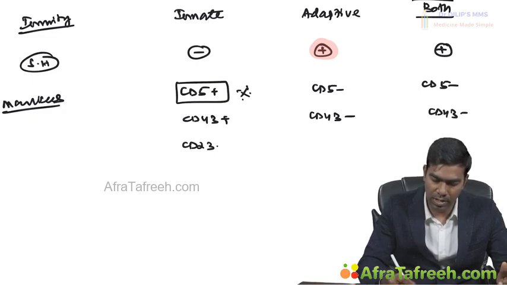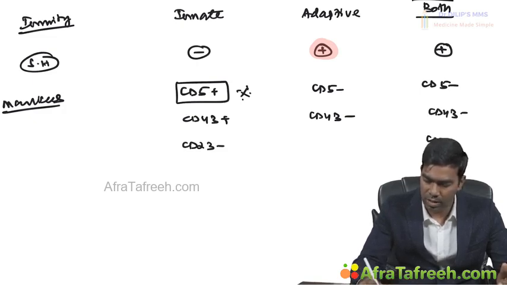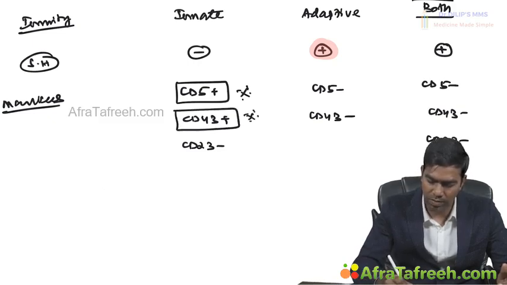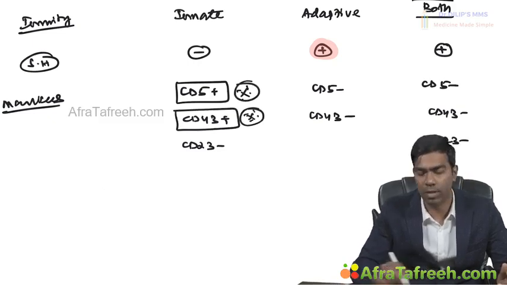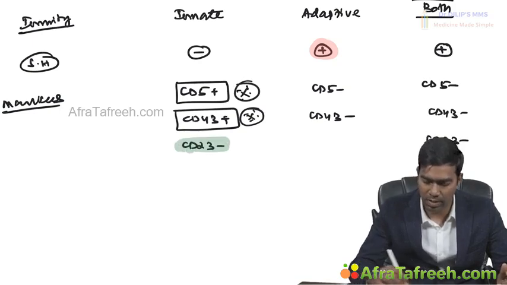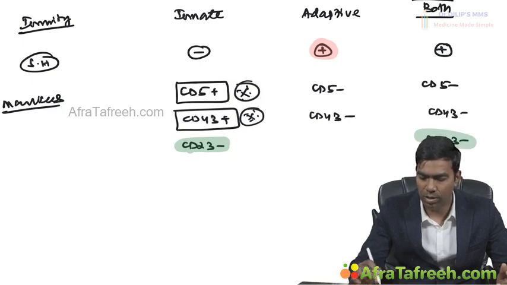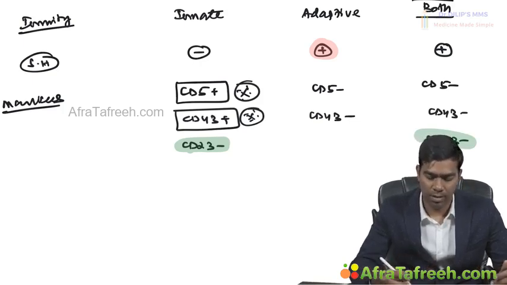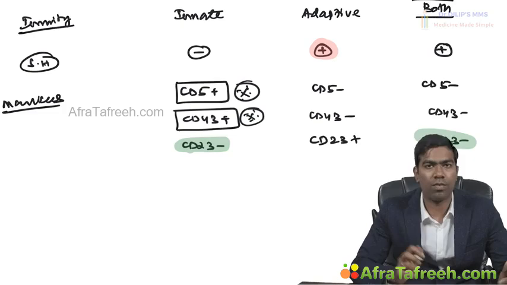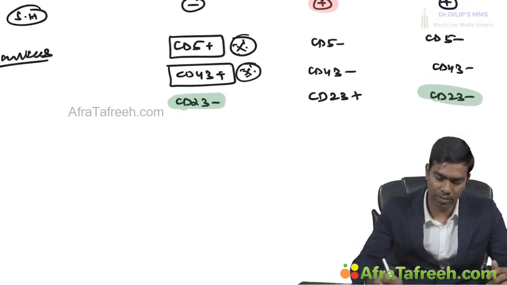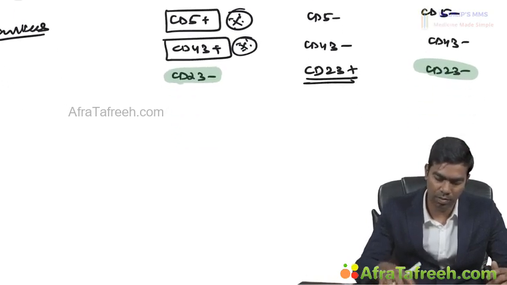Similarly, CD23 negative is these two, CD23 negative, CD43 and CD5 will be markers of this B1 group of B cell. CD23 will be negative in both marginal zone B cell and this B1 B cell, but CD23 will be positive for follicular B2 cell. Definitely, it's a very important marker, CD23 positive.